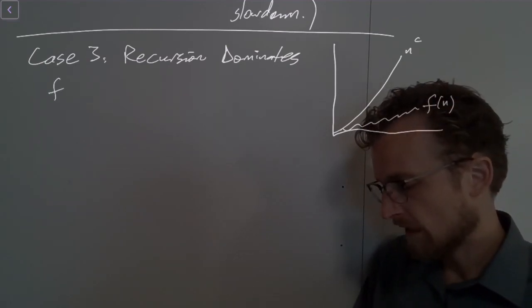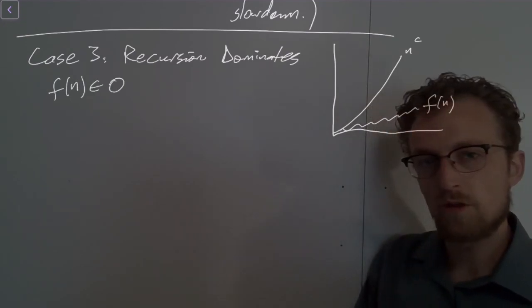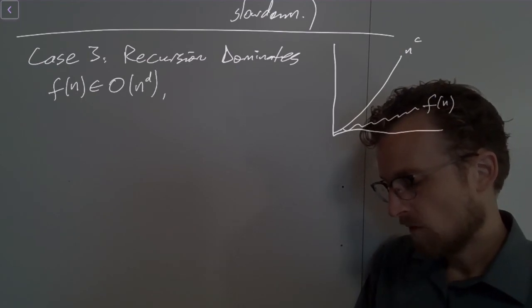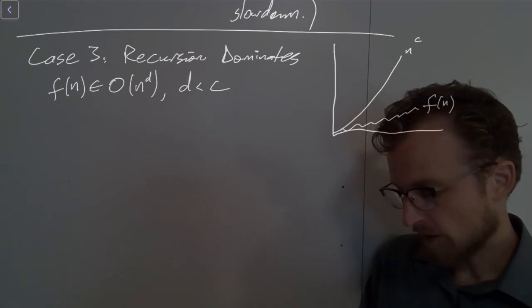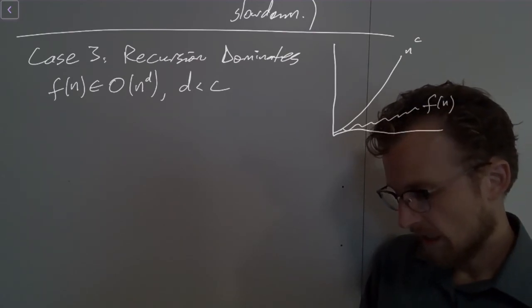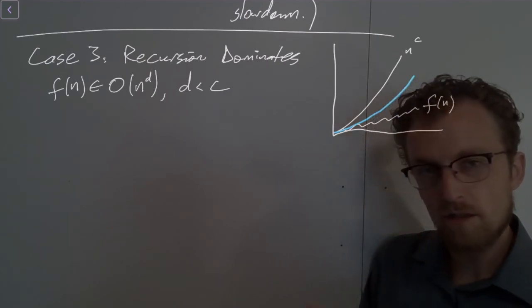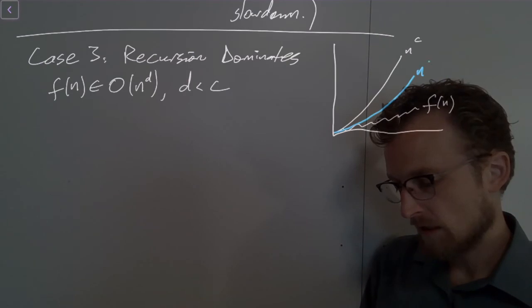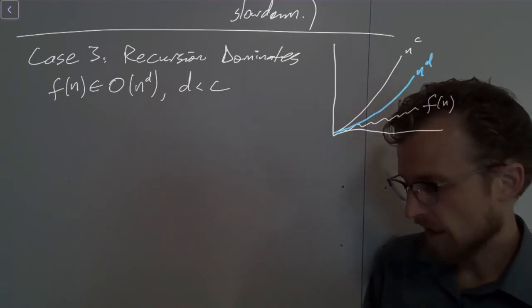Here we say f of n is big O of some polynomial n to the d, where d is less than c. If I were to draw this on the picture, there's some other polynomial here that has a strictly lower degree than c, some n to the d, and f of n is big O of that.